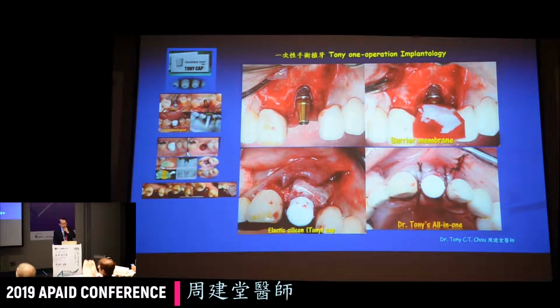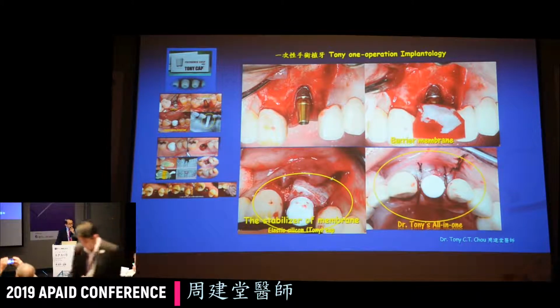And also in some situations I combine use of the GBR procedure in the same operation. And at this moment the Tony Cap acts as a stabilizer to fix the membrane, and this makes the surgery simple.